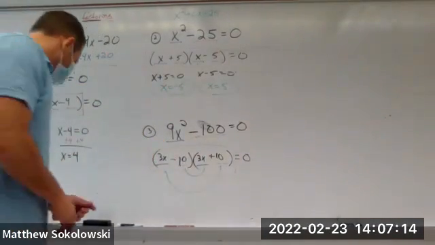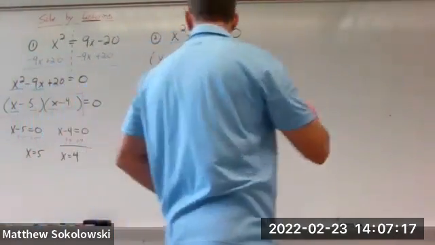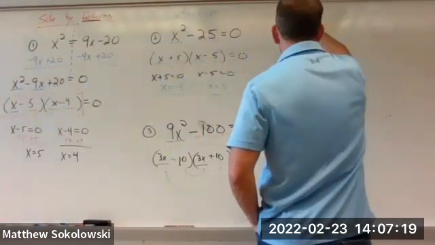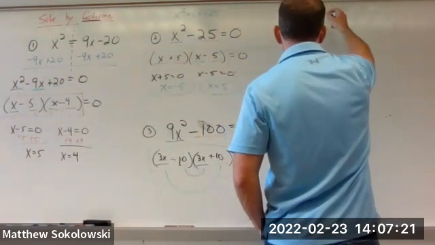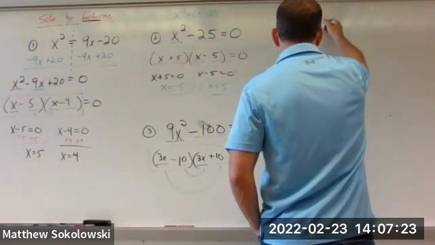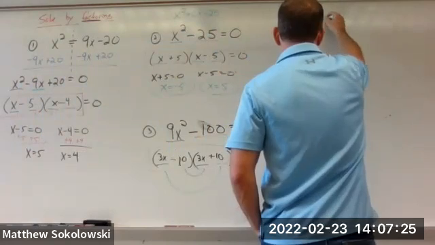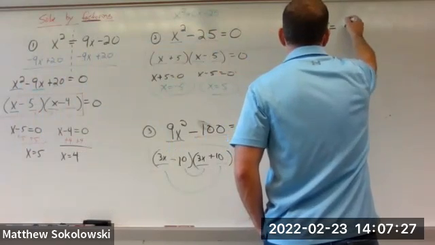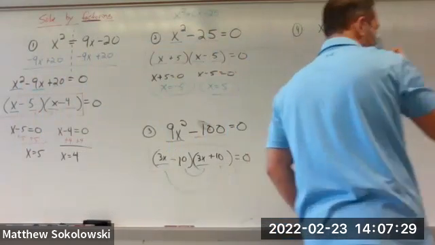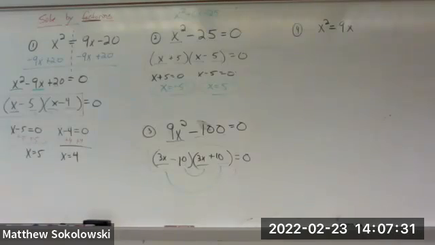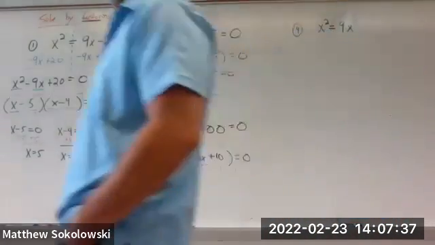Okay? All right, another problem that was similar to one that we looked at yesterday, a couple people had problems with. If it said solve like x squared equals 9x, something like that. So how would we solve that?